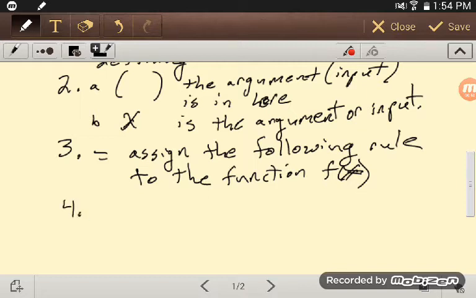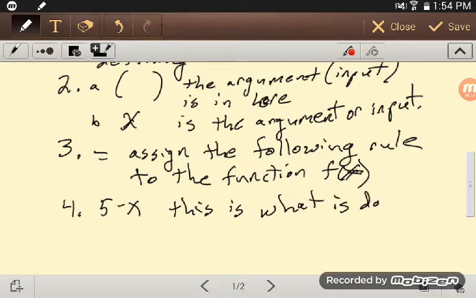And finally 4, the 5 minus x, this is what is done with the argument or input.